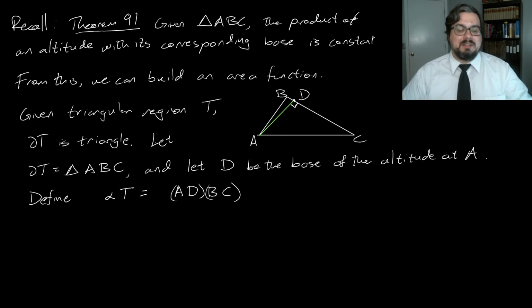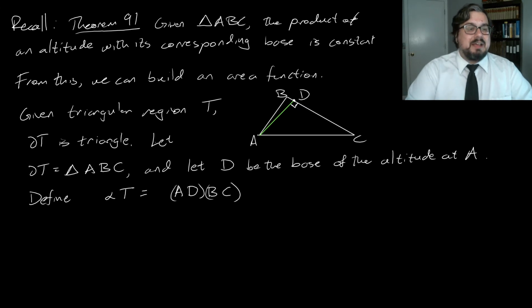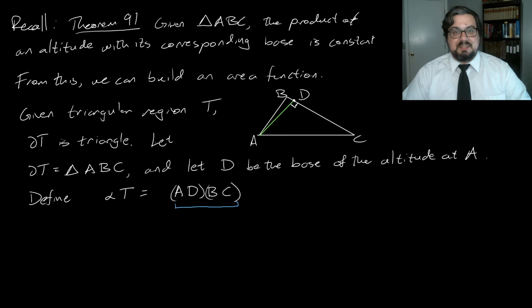What Theorem 91 tells us is that at the end of the day, switching any of the labels of the vertices doesn't change this number.